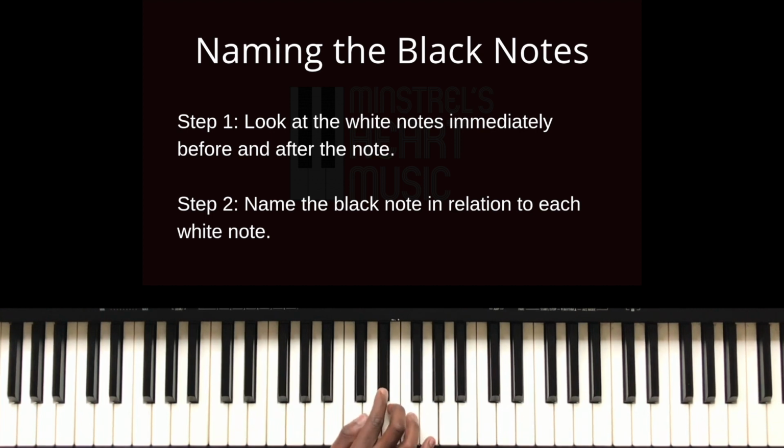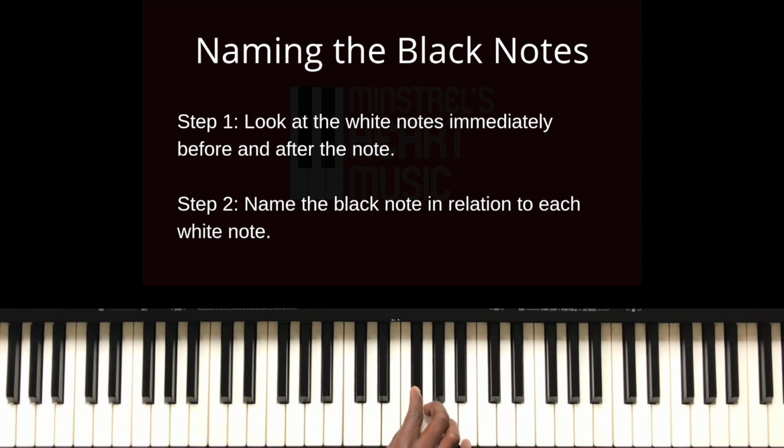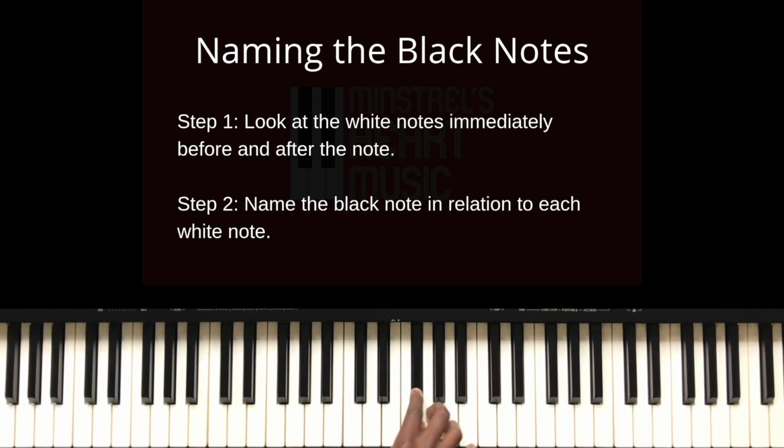Let's try it again. What is step 1? Find the 2 notes immediately before and after. F, G. Step 2. Name the note relative to the white notes immediately before and after.